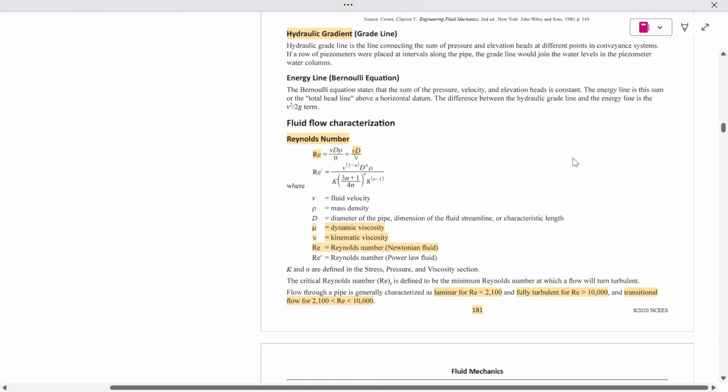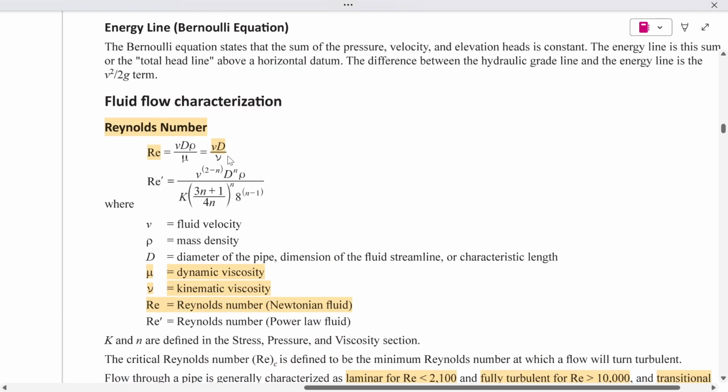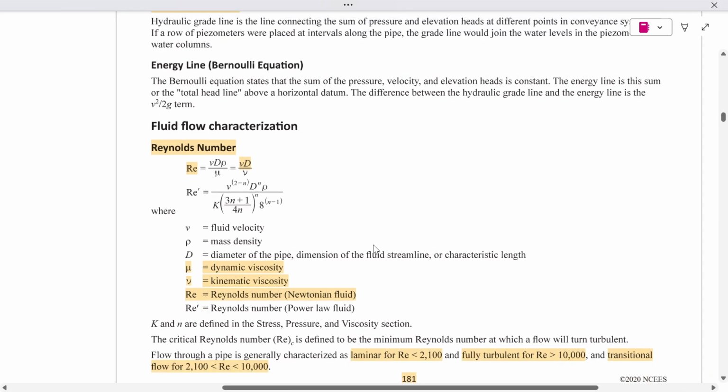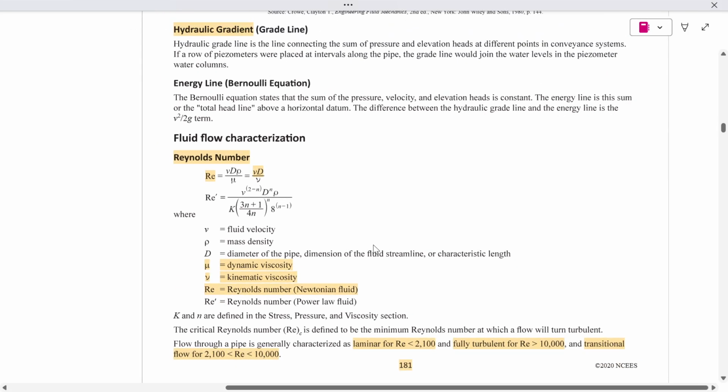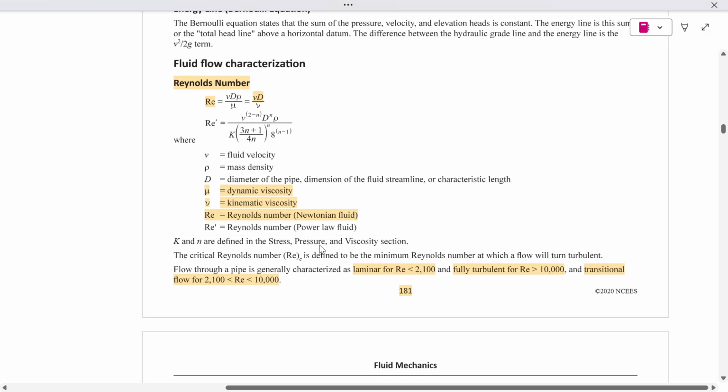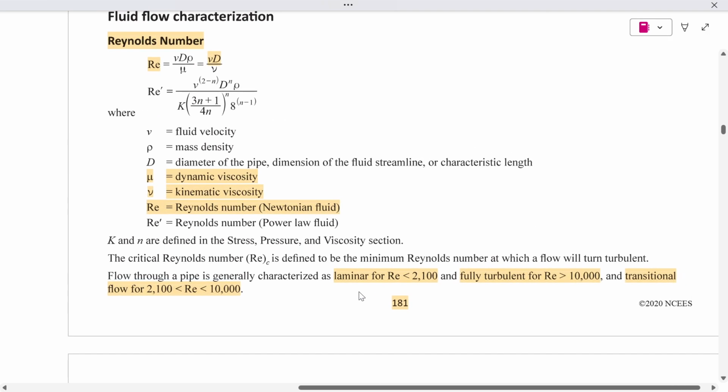Then there is Reynolds number. We have 5 questions and equations about Reynolds number. We will discuss it very deeply, so don't worry about it right now. There are some theoretical points over here about laminar flow, fully turbulent flow, and transitional flow, okay.